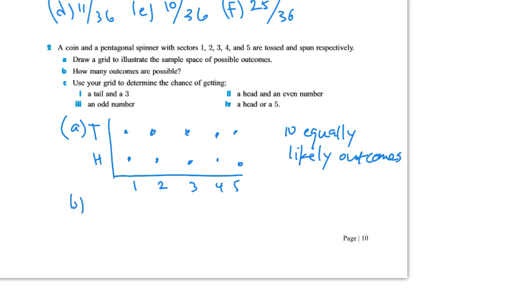Okay, so part B, how many outcomes? 10. Part C, Roman numeral 1, what's the chance I rolled a tail and a 3? That's only 1 in the 10 outcomes. A head and an even number, that'd be these two, so 2 out of 10.